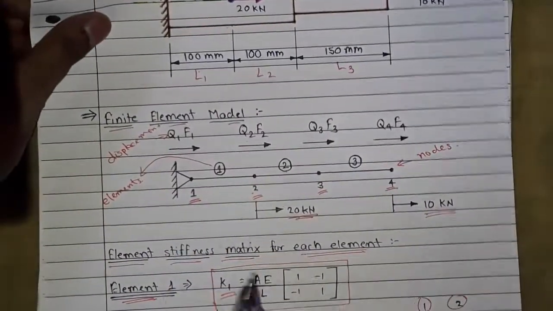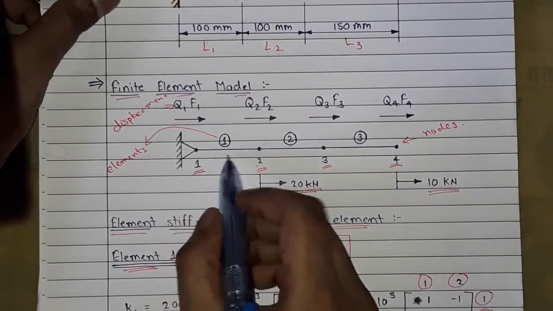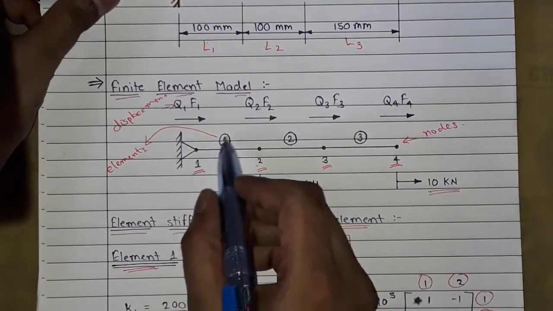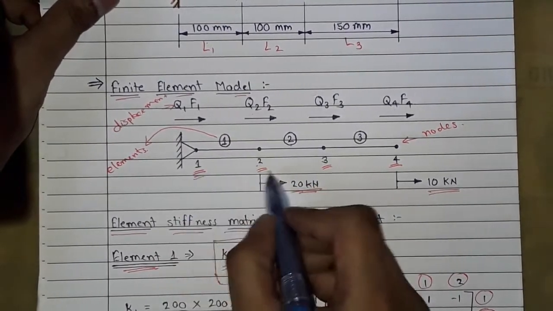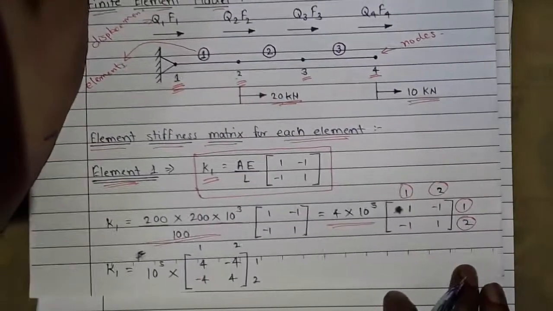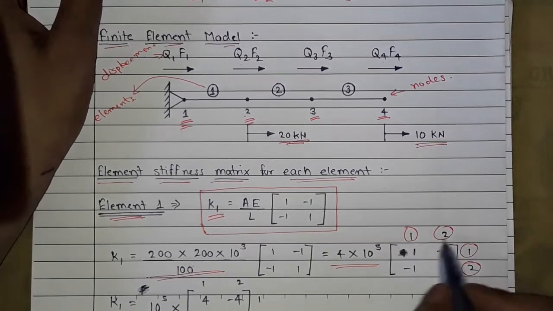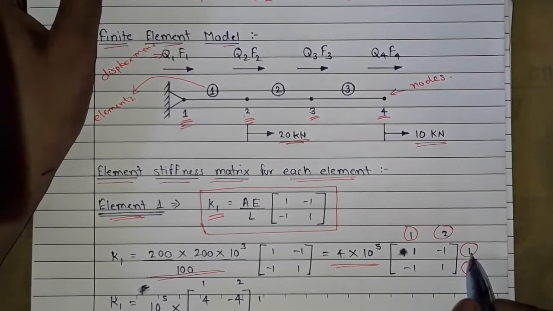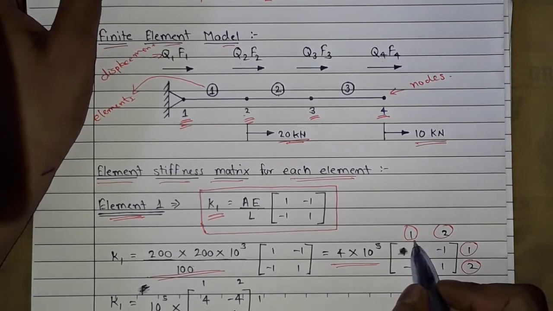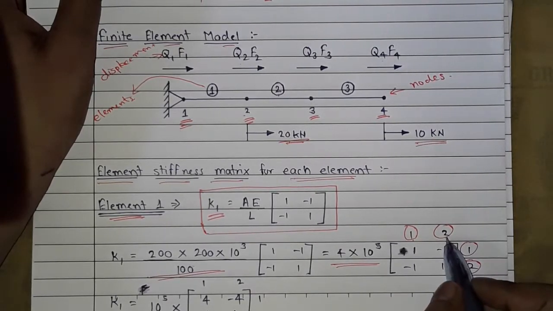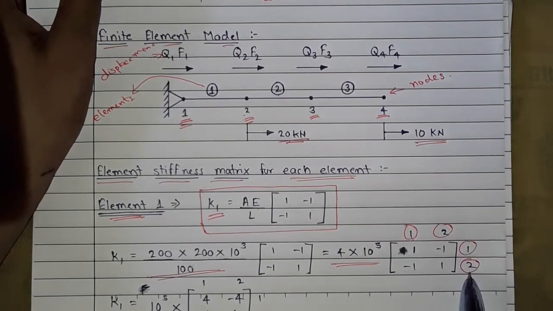As we are considering the first element, element number 1, which has the nodes 1 and 2, in the matrix we write 1 2, this is first node, this is second node. That is, first column node 1, second column node 2, first row node 1, second row node 2.